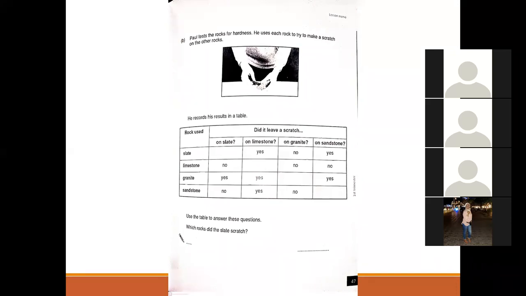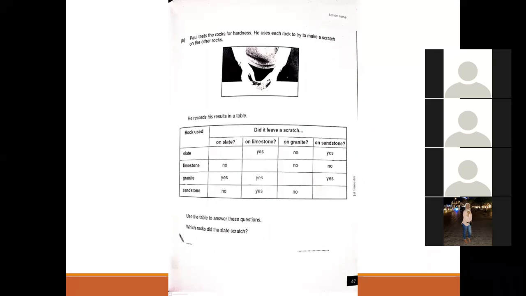And you will bring the slate and you will try to scratch the granite with it. And you will record whether it got scratched or not. And then you will leave the slate. You still have the granite in your hand. And you will take the sandstone. You will try to scratch the granite using the sandstone.